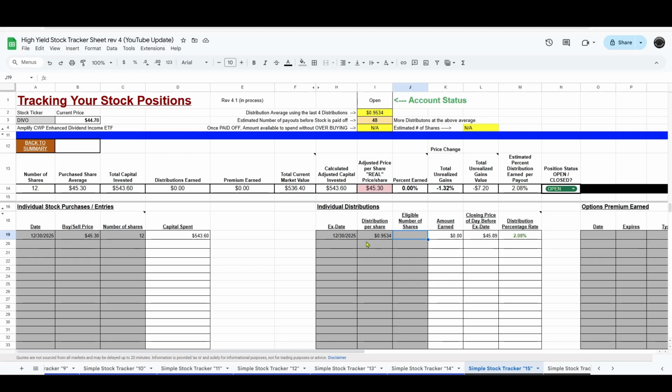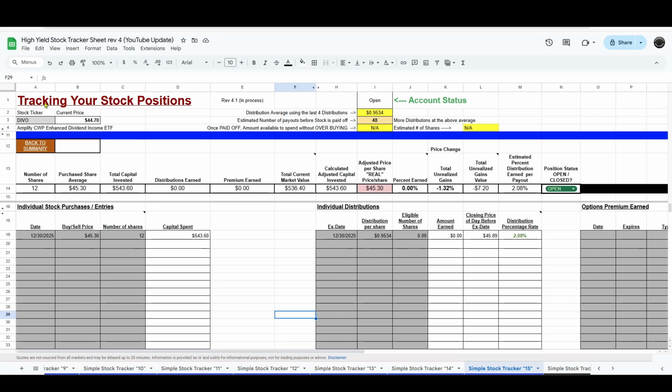So for this one, I was 1 day short of getting that distribution. So how many shares do I enter in here? 0. I get to enter no shares into this distribution amount. Wish I could have, but I can't. So that will keep my real price per share at $45.30. And that is my new entry of DIVO.